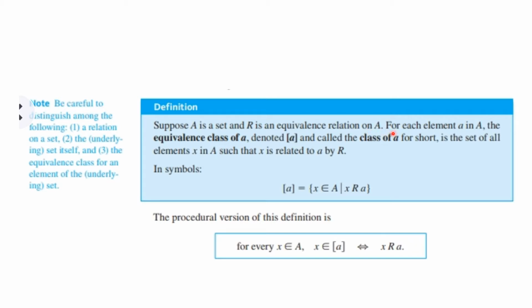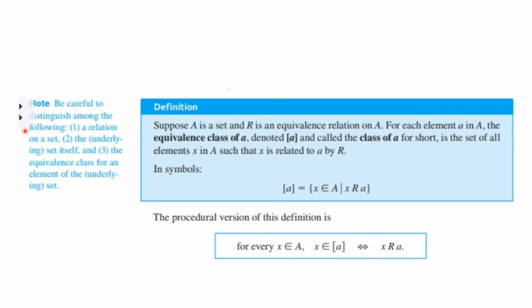For each lowercase a in A, the equivalence class of a, denoted by these brackets [a] and called the class of a, or the equivalence class of a for short, is the set of all elements in A such that X is related to a by R. So the equivalence class is equal to the set of all X an element of A such that X is related to a.